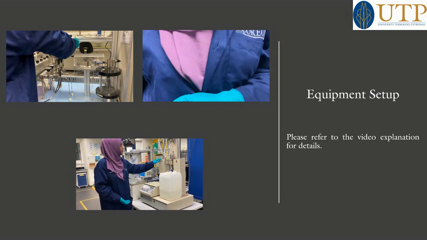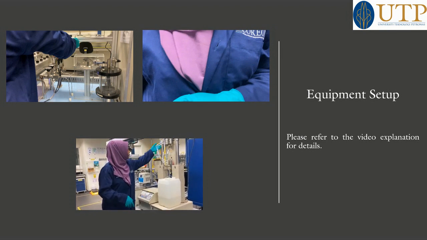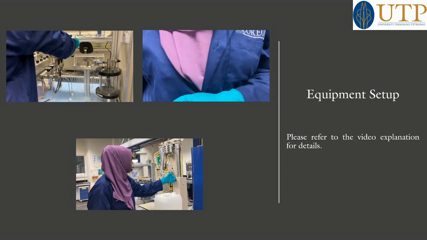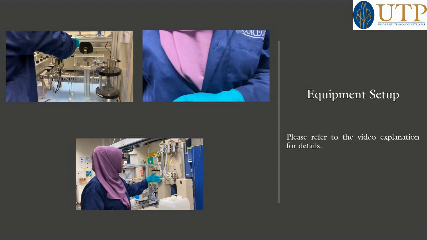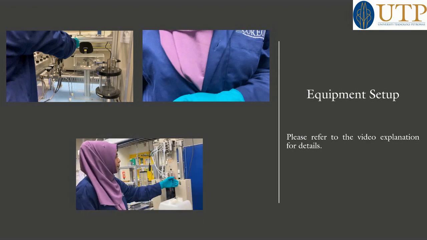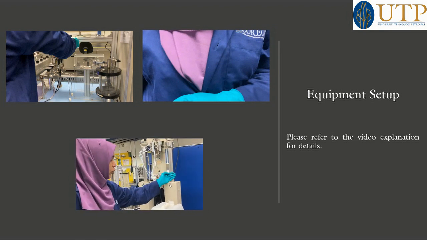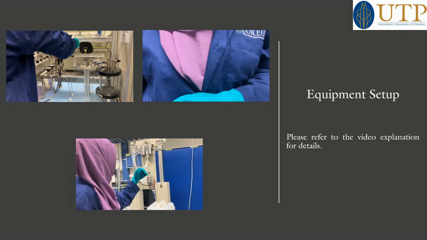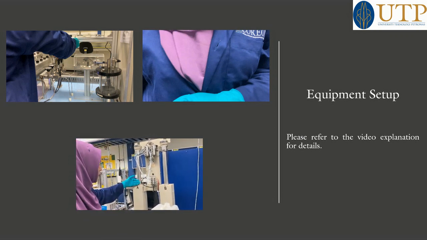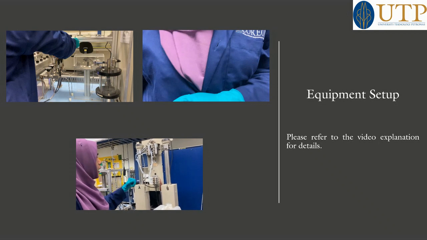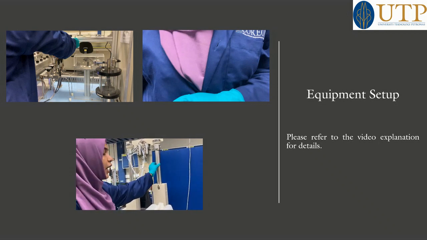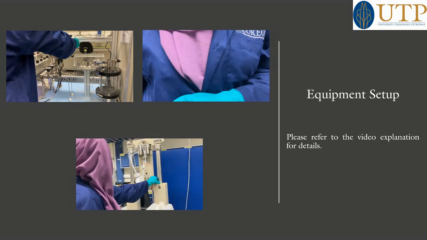So there are two pumps. Suppose this is pump A and this is pump B. When pump A works, B is on standby. When pump B works, A is on standby. Suppose it will inject 100 ml of water.